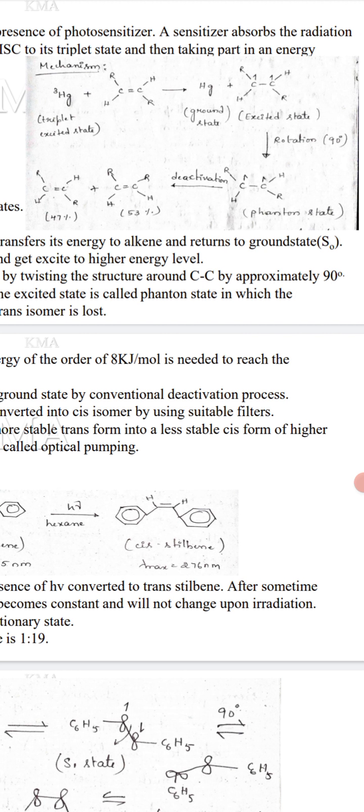This state is called the phantom state. This undergoes deactivation and gives rise to a constant mixture of 53% and 47%. So this is for any alkene or olefin. If you use stilbene, here also you can expect 93% of cis isomer and 7% of trans isomer.